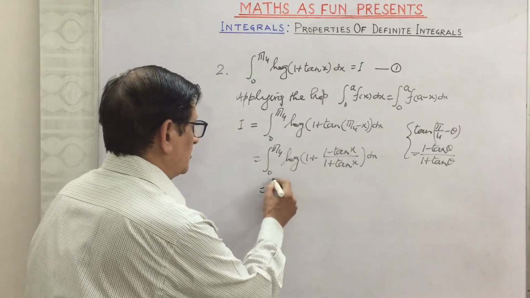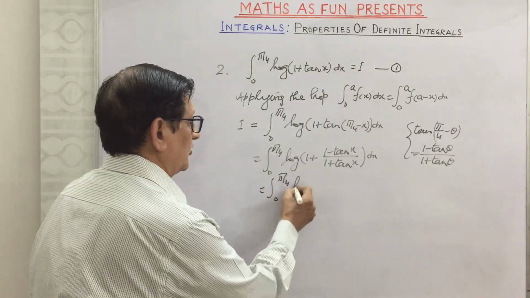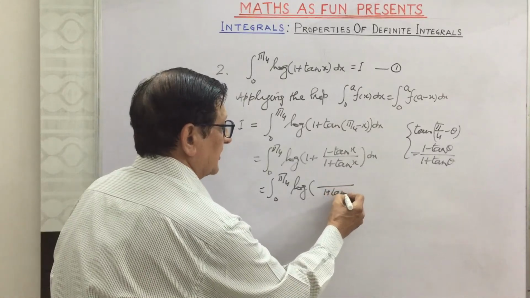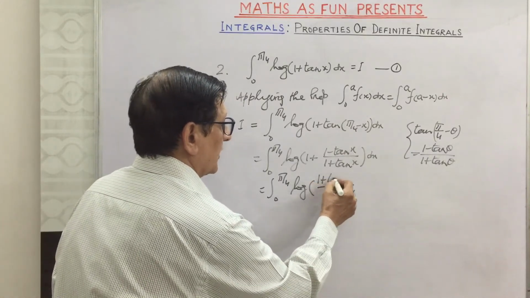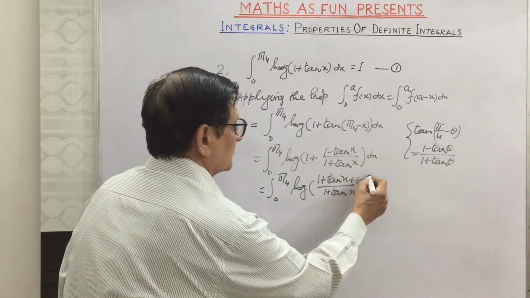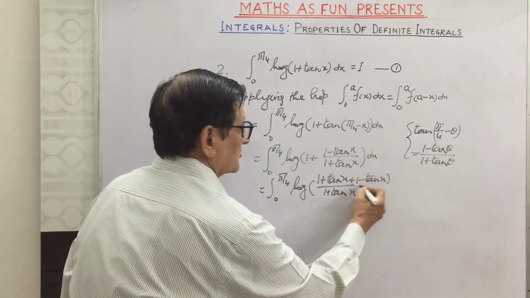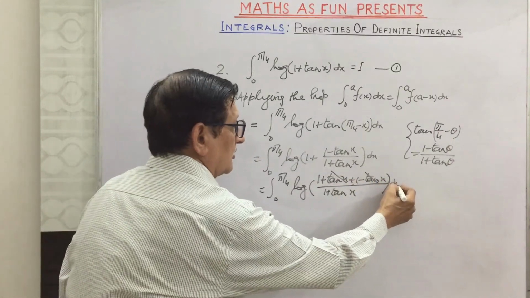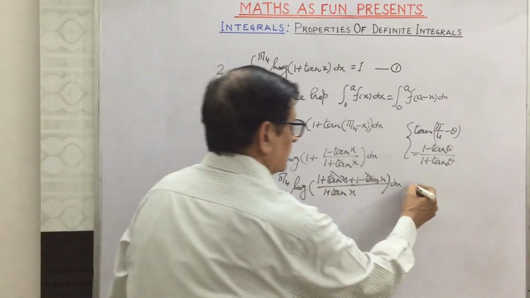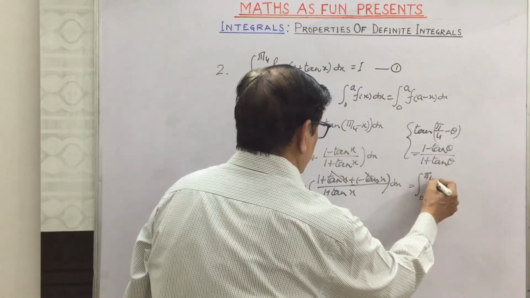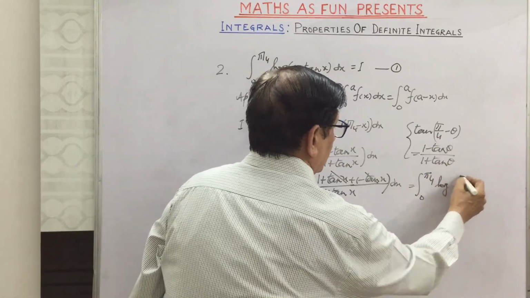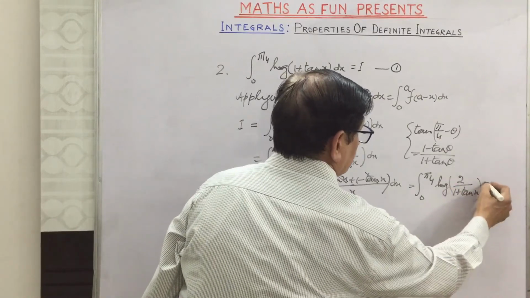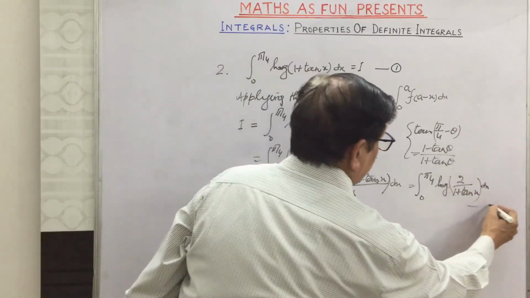This is equal to integral from 0 to pi by 4 of log of, if we take the LCM here, 1 plus tan x, we will get 1 plus tan x plus 1 minus tan x. This tan x and tan x cancel, and we are left with integral from 0 to pi by 4 of log of 2 upon 1 plus tan x. This we can write as 2.